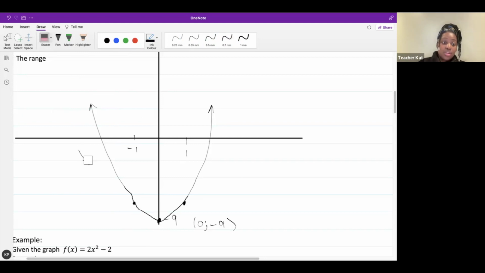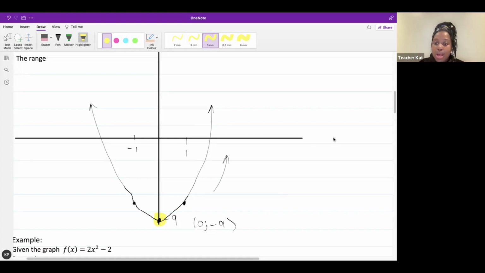So it's decreasing y values, not x. And then on the right-hand side of this graph, it is now an increasing graph because my y values are increasing. So that change in direction means we have had a turning point. We have had a point where your graph is turning. So it either goes from increasing to decreasing or from decreasing to increasing.